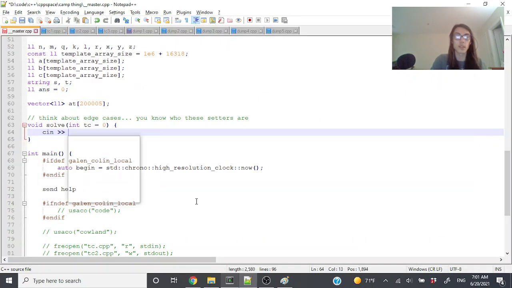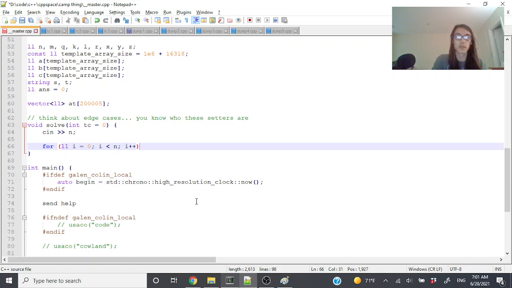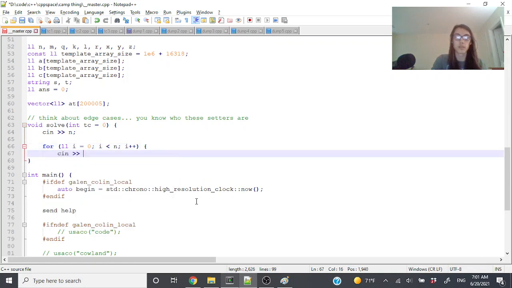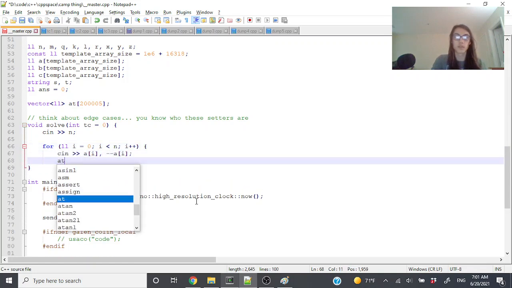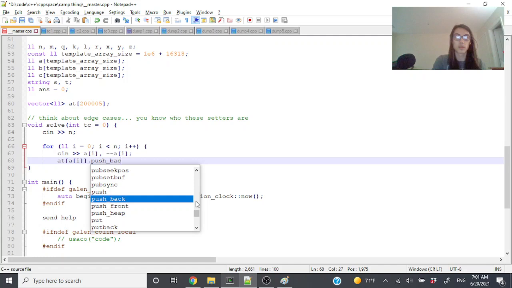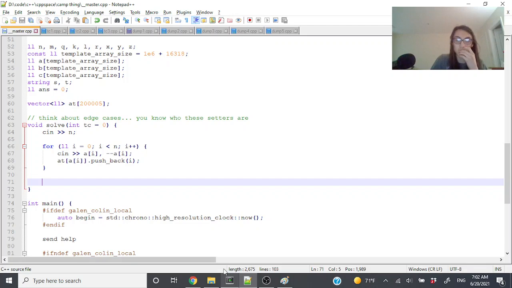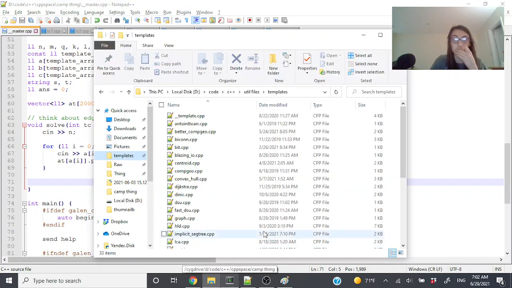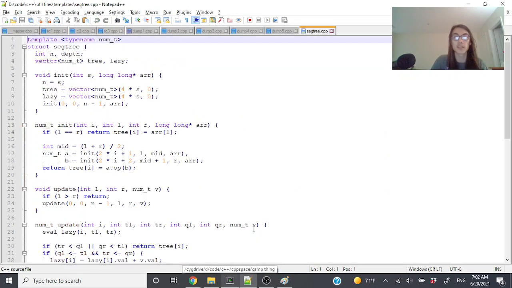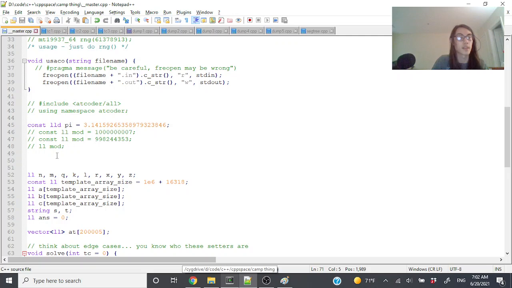So C n to n. And we create 2 global segment trees. Essentially, we're going to query the smallest sum subarray that occurs here.